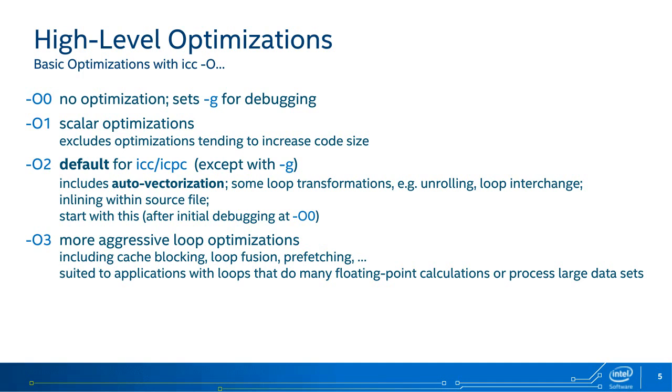Note that with the O3 option, the compiler performs more aggressive data dependency analysis, which may result in longer compilation time. And you need to understand that if you want the best performance for your application, it's always a trade-off between the compilation time and the actual performance gain you are getting.